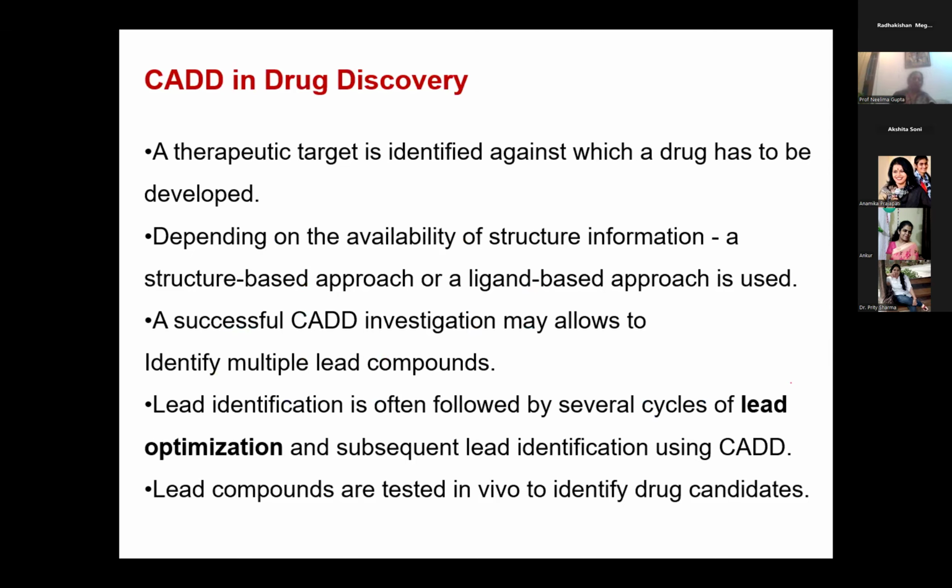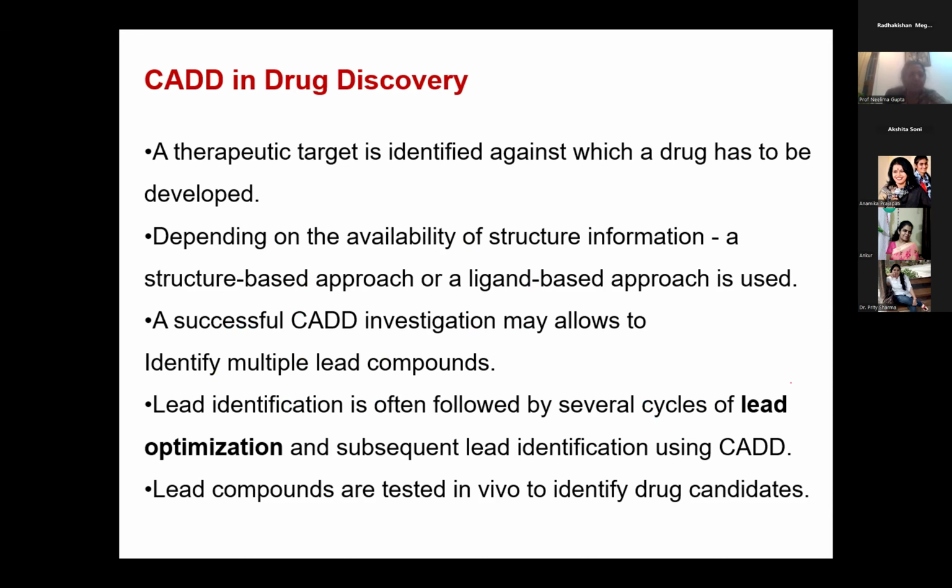So coming to the overview of the computer-assisted drug design in drug discovery, how these computational tools help us. They help us in many modes. A therapeutic target is identified against which a drug has to be developed. Depending on the availability of structure information, a structure-based approach or a ligand-based approach is used. So these are the different processes one can take up. So you have to take up a chain of events.